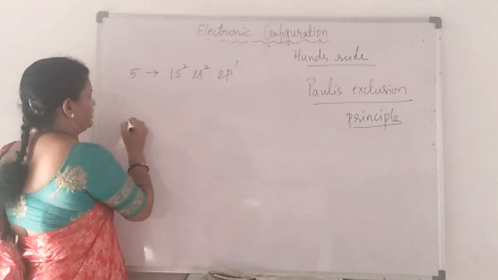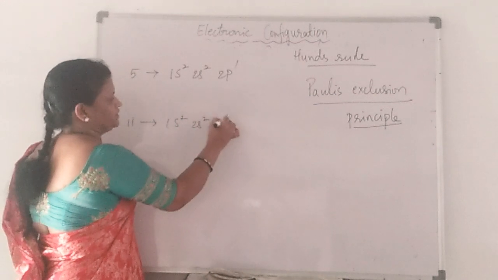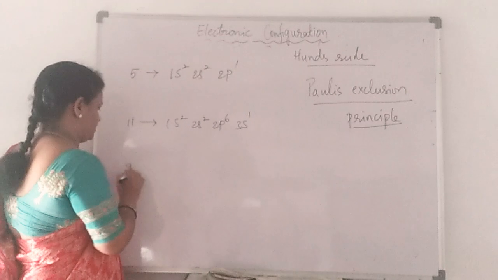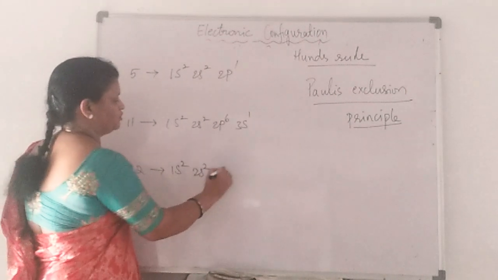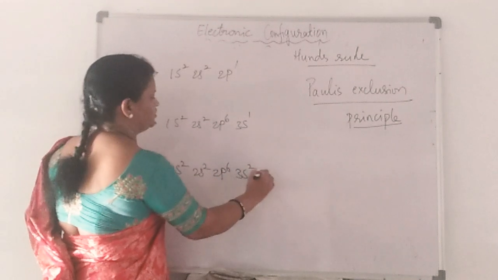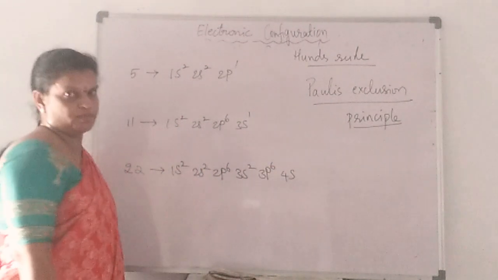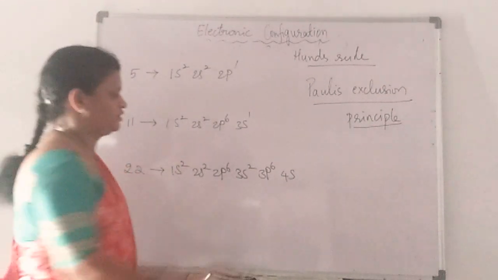Now I am taking here atomic number 11. 1s2, 2s2, 2p6, 3s1. I am taking here again atomic number 22. 1s2, 2s2, 2p6, 3s2, 3p6. After that 4s, not 3d, because here both of them are having the n plus l value 4. 3p6.